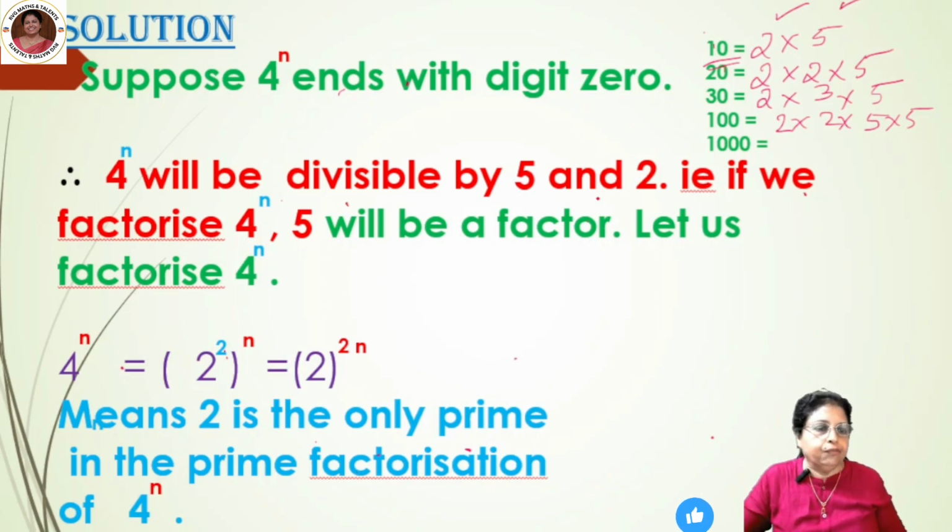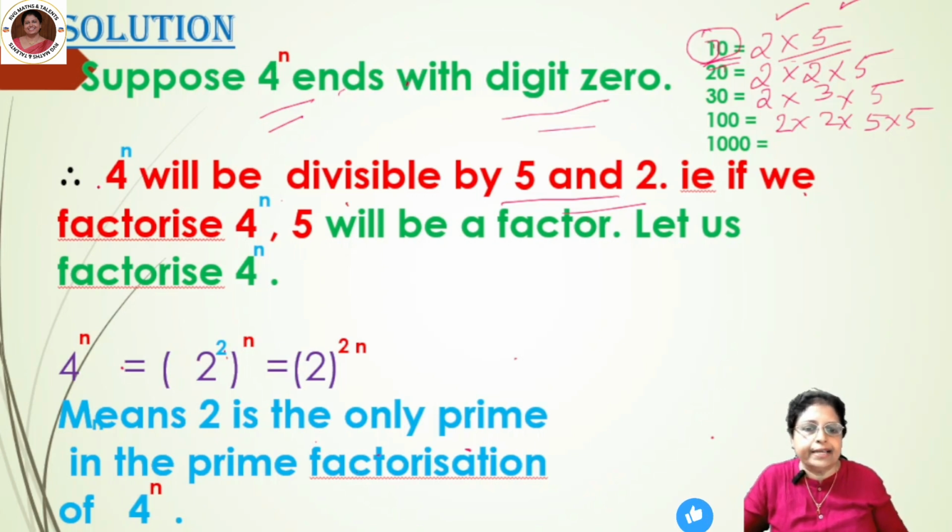If a number ends with 0, then its prime factors should include 2 and 5. That means if 4 raised to n ends with digit 0, then there should be 5 and 2 as prime factors in the factorization of 4 raised to n. Have you understood this?